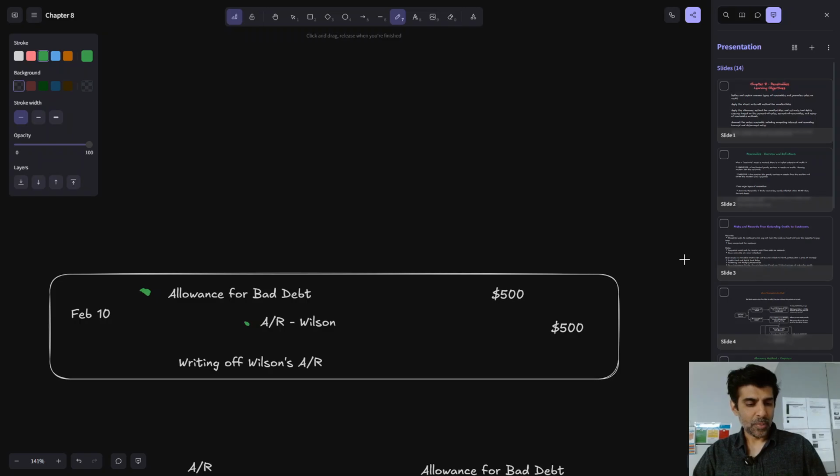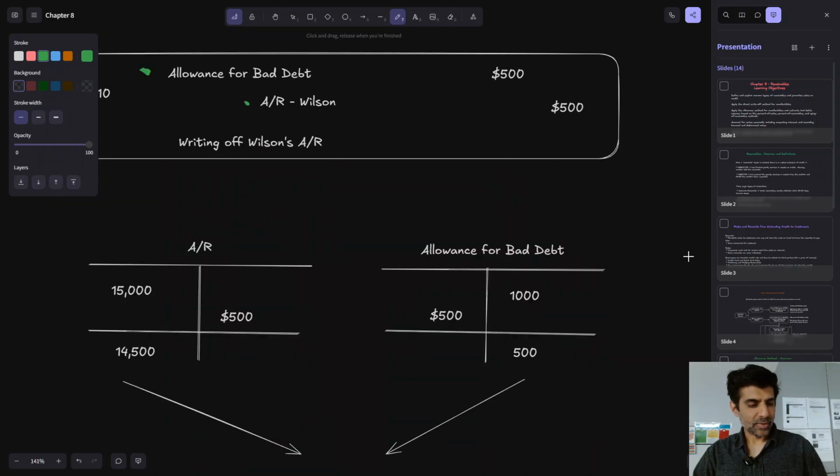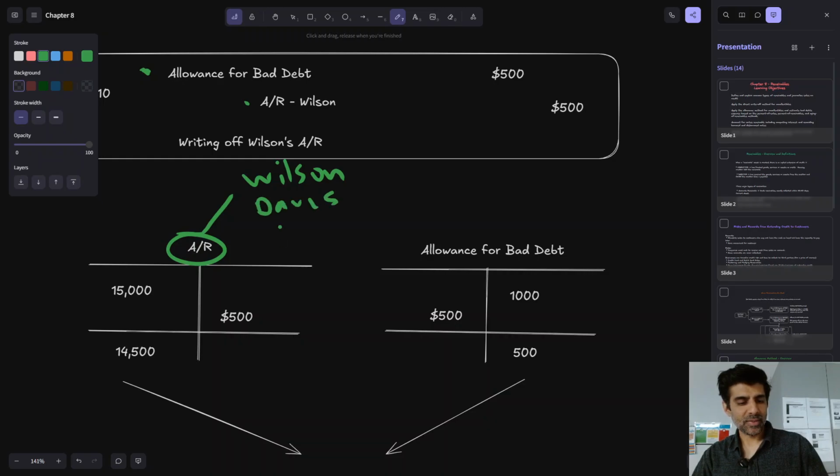What that's going to do to our account balances is this: we had this accounts receivable, which included all of our subsidiary accounts. Wilson was in here, Davis, whatever. You had all these different people, and they all constituted this. Now we're getting rid of Wilson.